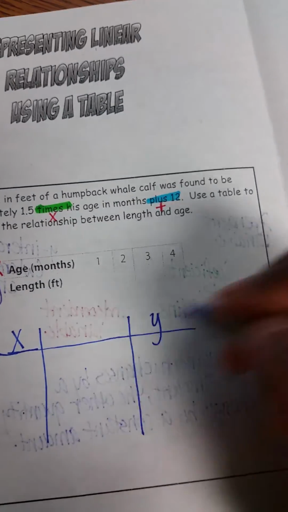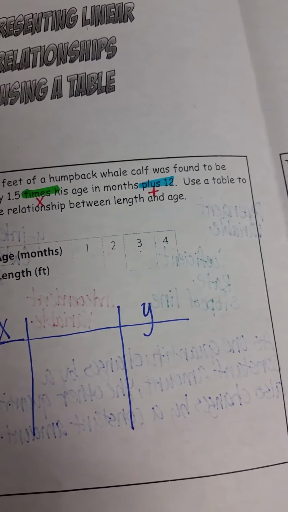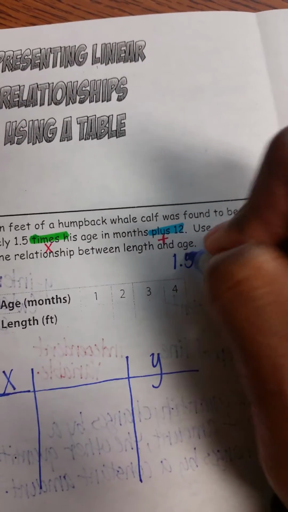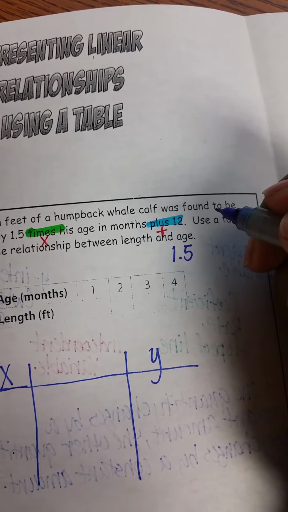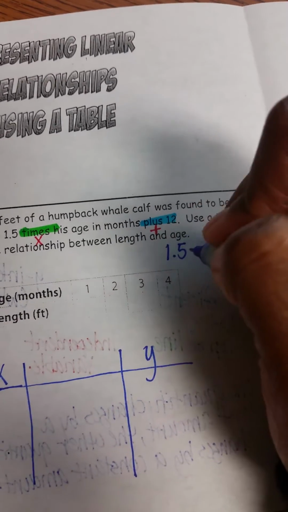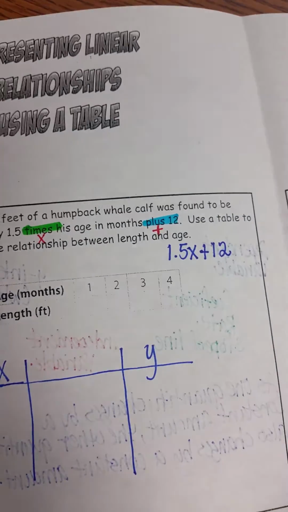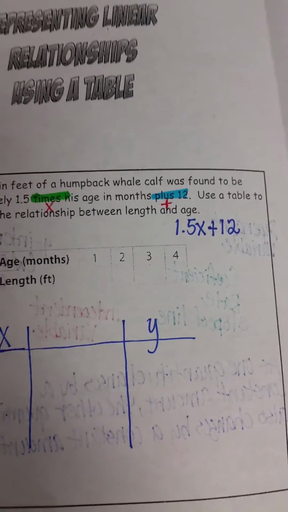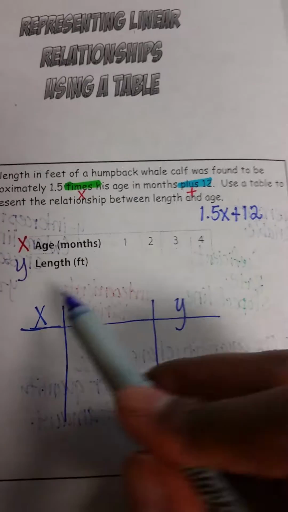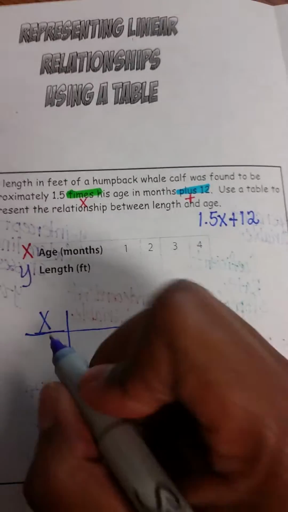So we have x here and y here. And so we're going to write this out: 1.5 times his age plus 12.